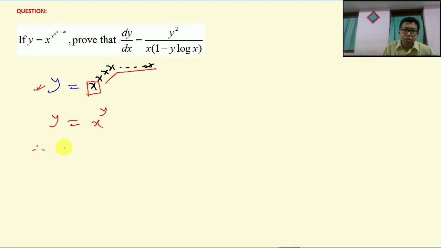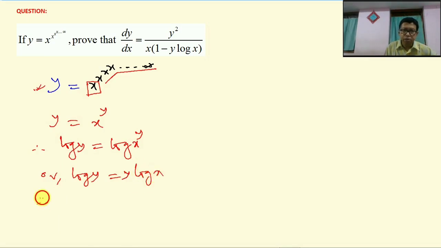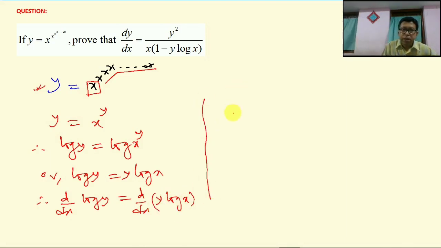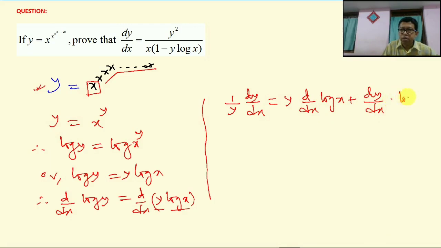Now take log to both sides. So log of y is equal to log of x to the power y, so log of y is equal to y log of x. Now you can differentiate both sides. d/dx of log of y is equal to d/dx of y log of x, isn't it? d/dx of log y is equal to 1 upon y dy/dx, and the right side is u into v, so you apply the product rule: y into d/dx of log of x plus dy/dx into log of x.